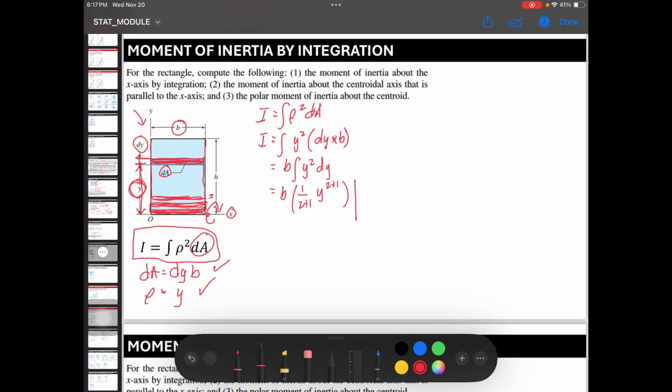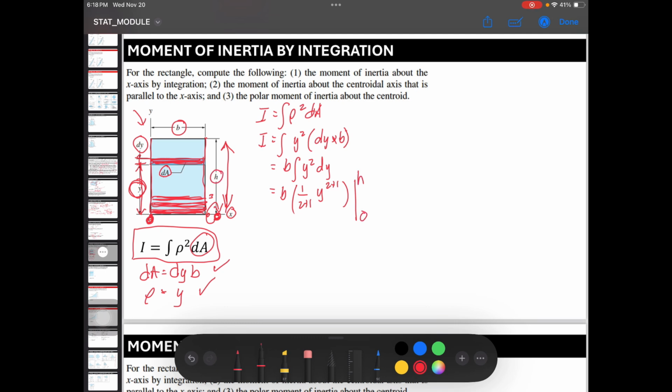So, what are our limits? We are evaluating pataas, diba, along this height. So, ibig sabihin, we are evaluating from 0, since nag-start tayo sa 0, hanggang height na equal to h. So, 0 to h.